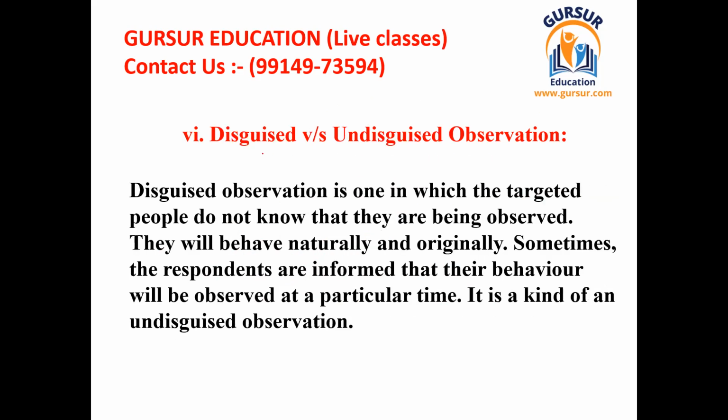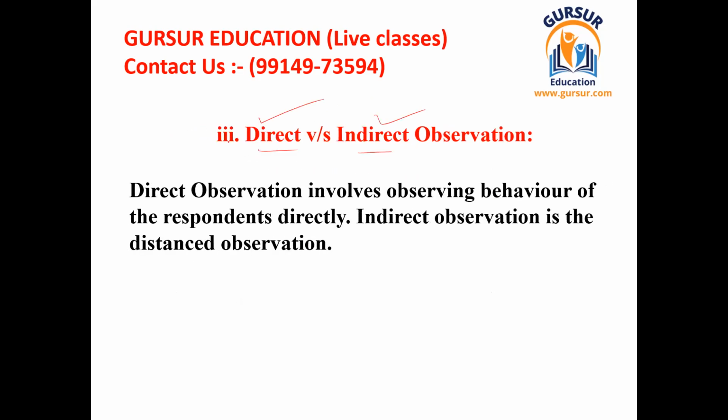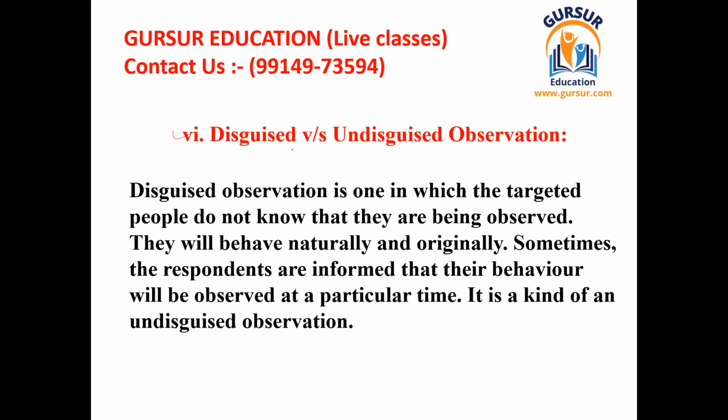The next one is disguised and undisguised. You can simply skip it because this is very similar to what we have done here. If you are letting the person know that you are following them, this is undisguised observation. And if you are not letting them know, this is disguised observation.